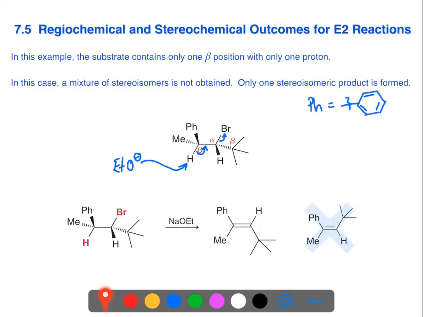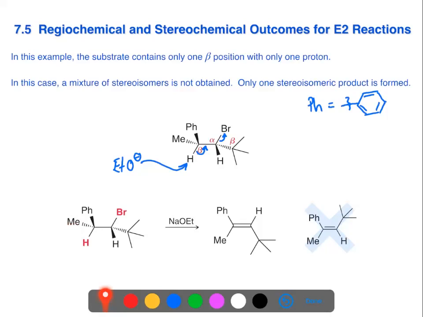And as a result of that coplanarity, we will end up with one particular stereoisomer. You'll see that once this is deprotonated and this is lost with the formation of the new pi bond, the phenyl group and the hydrogen will be on the same side of the double bond. Those are the two groups coming towards you.